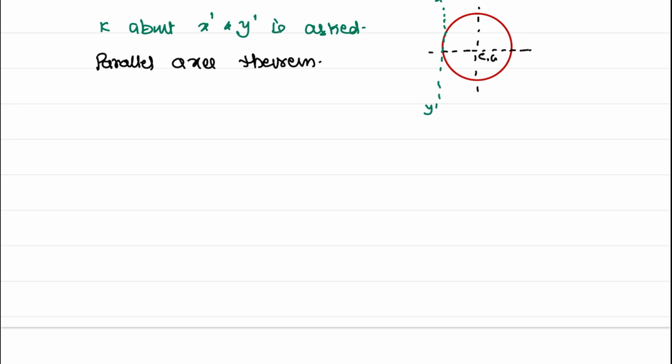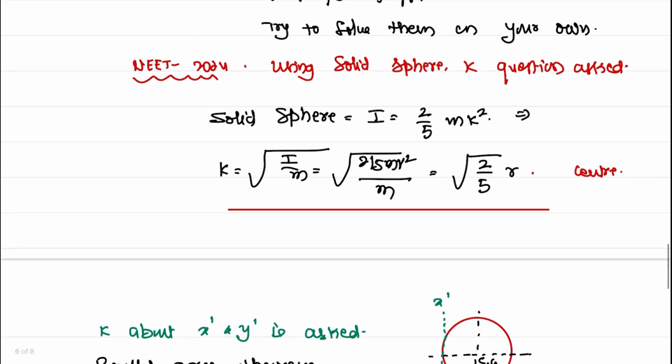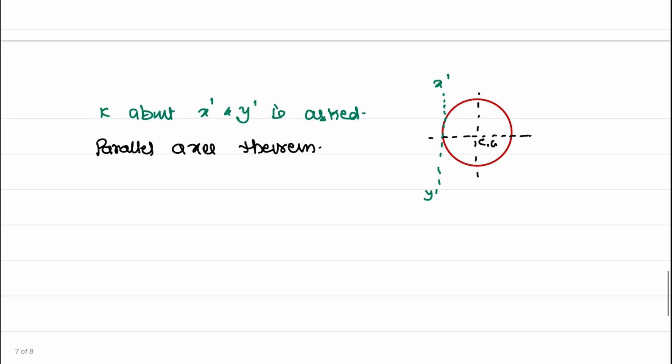And it's a very good example. I didn't take it directly because I wanted to explain the concepts to you. You will get the concept clear, about the parallel axis theorem and about the radius of gyration, and you will be able to solve it.